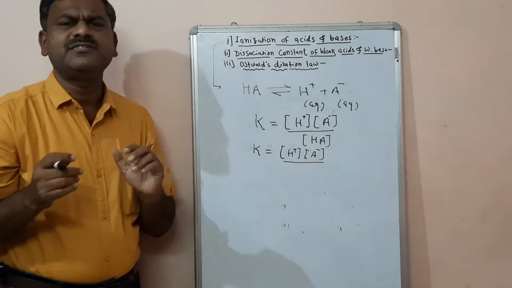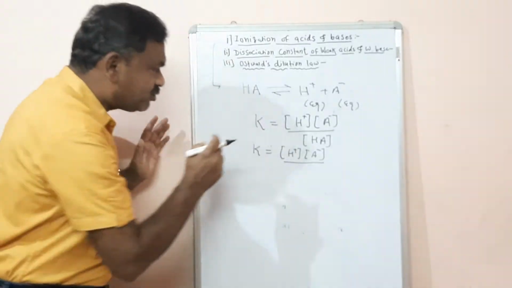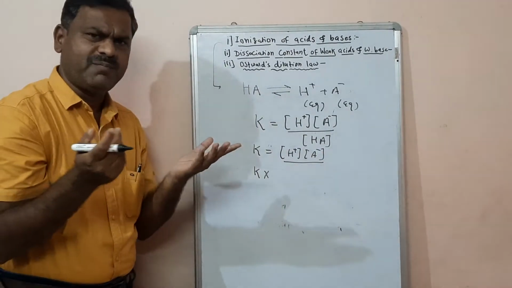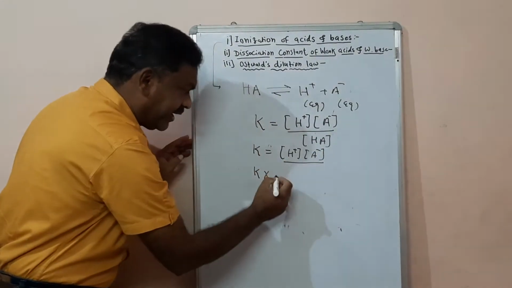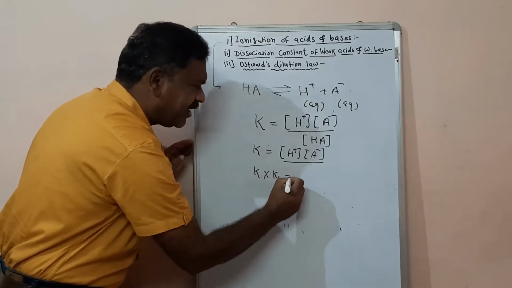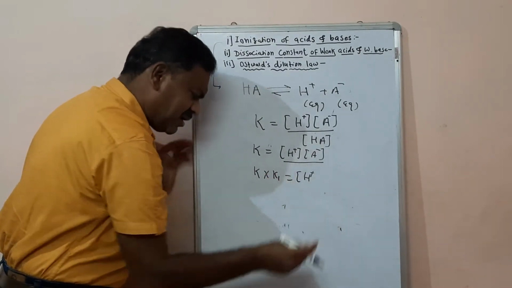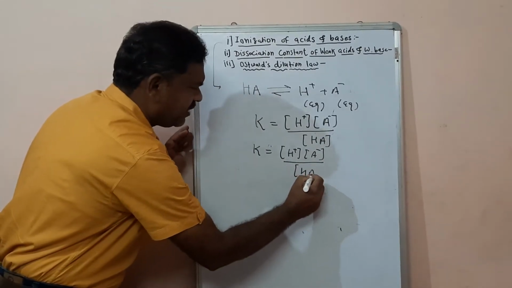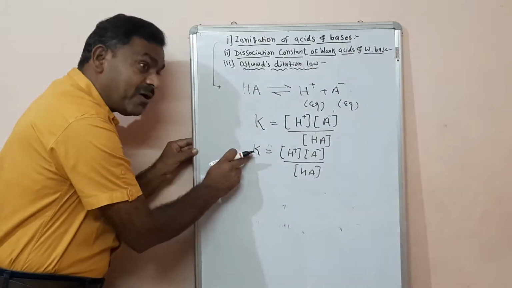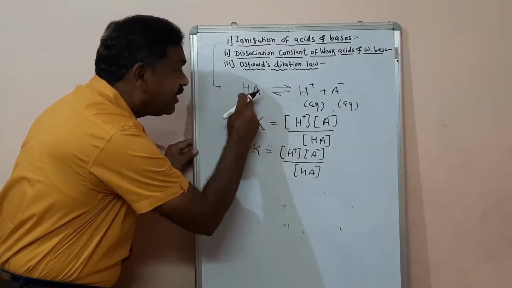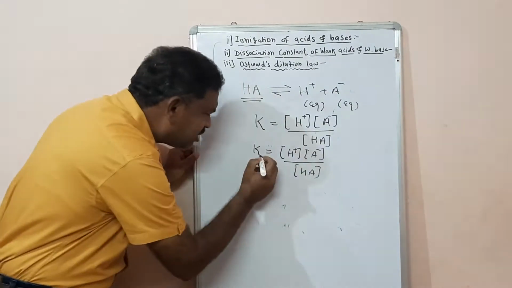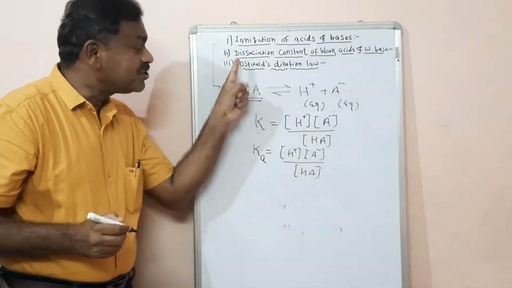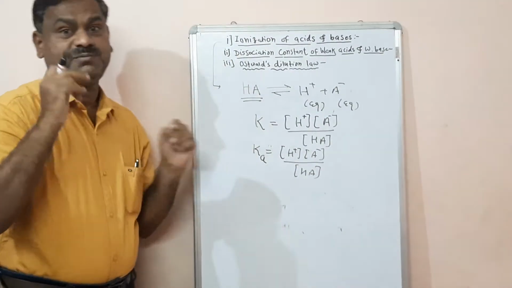HA is very small, so K times HA, a constant, is another constant K dash, equal to H plus times A minus. Now this is for K. Which K? HA is the acid, that's why Ka is the dissociation constant for weak acid.